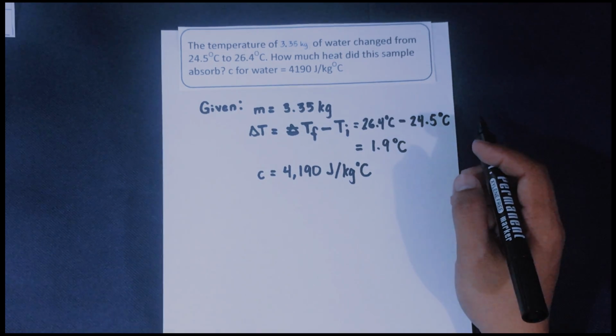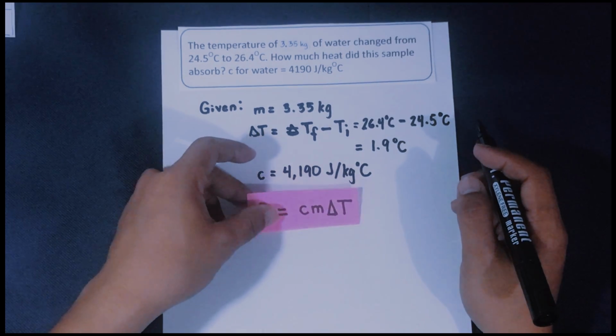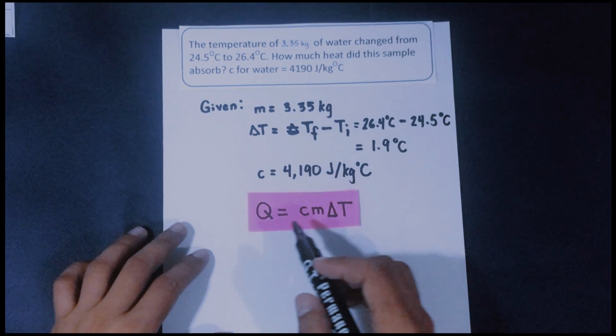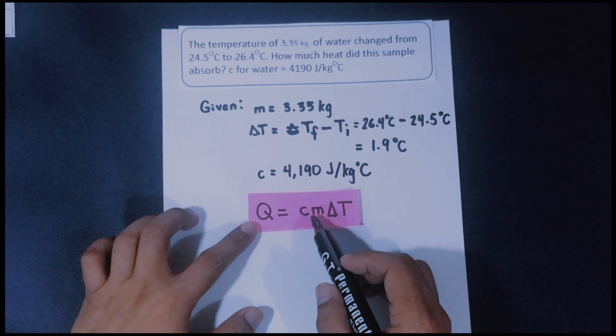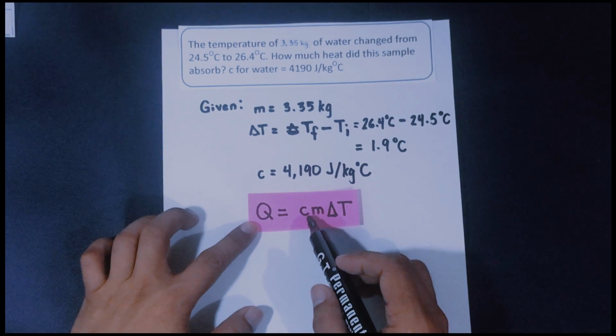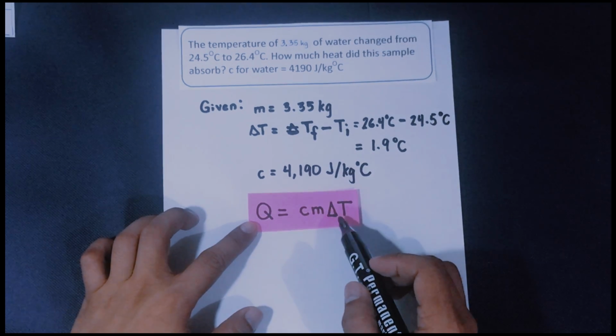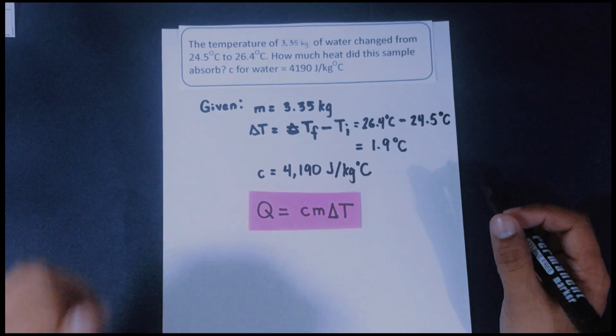Now we use the formula again, which is Q, the amount of heat, is equal to the specific heat times the mass times the change in temperature.